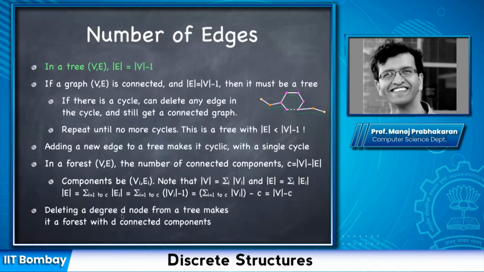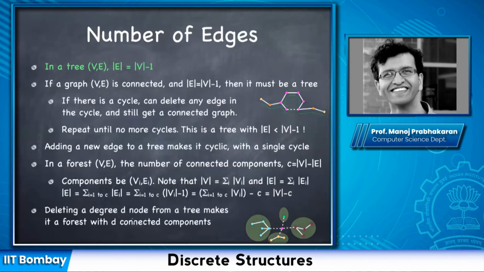But in general, here's a node in the tree. It has degree 4 here. If I delete this node and the edges incident on it, I'll be left with 4 connected components, right? How do you see that without drawing a picture?